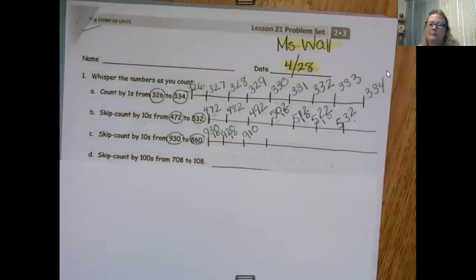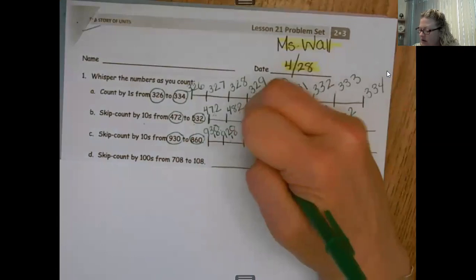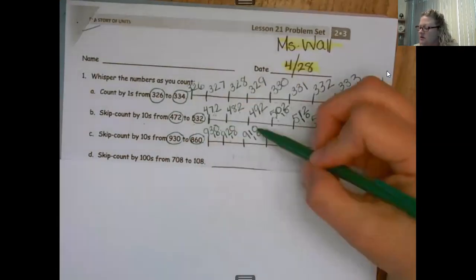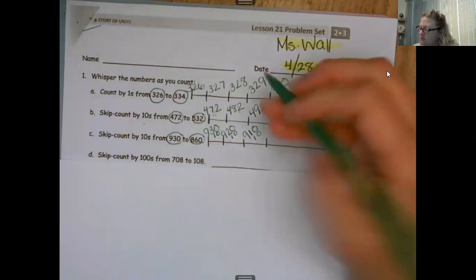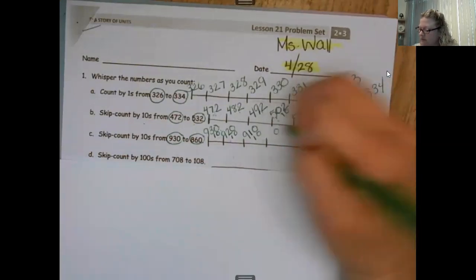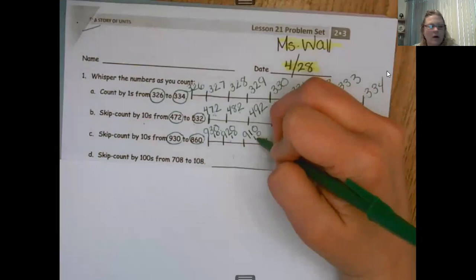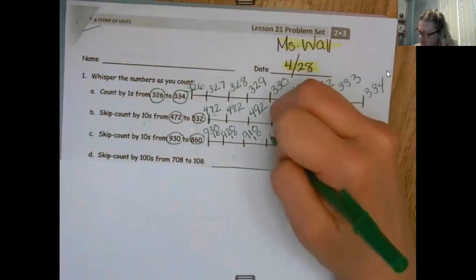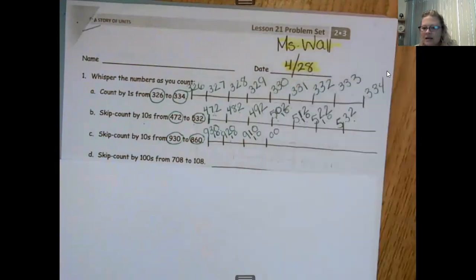All right, the next tick mark. Put your 10 underneath if you need to do that. 0 take away 0, 0. 1 take away 1, 0. And 9 take away 0, 9.